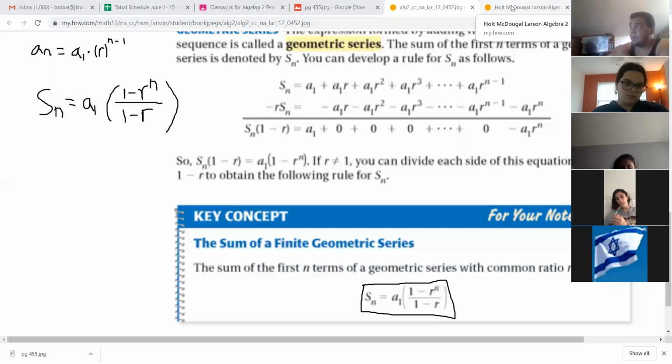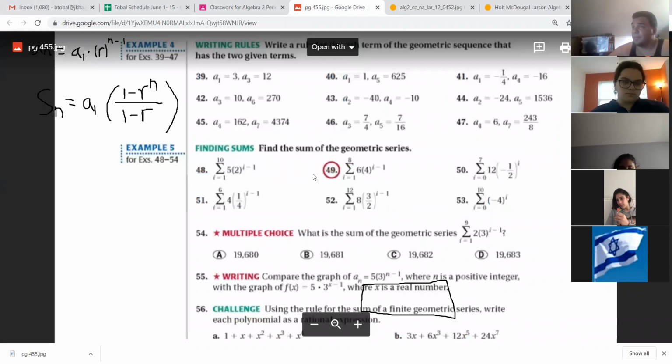So like most of these, we just have to make sure we can identify everything we need and use them correctly. So let's look at number 48. Let me do that in red. So for 48, we need to identify the things we need. We need a1, we need an n, and we're going to need an r.